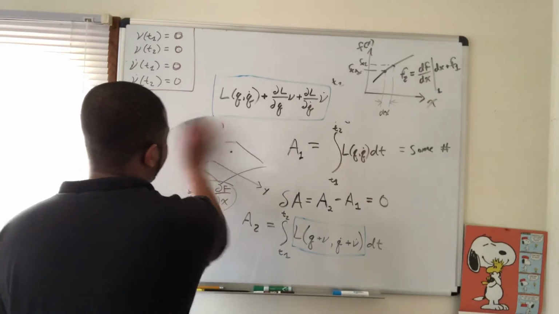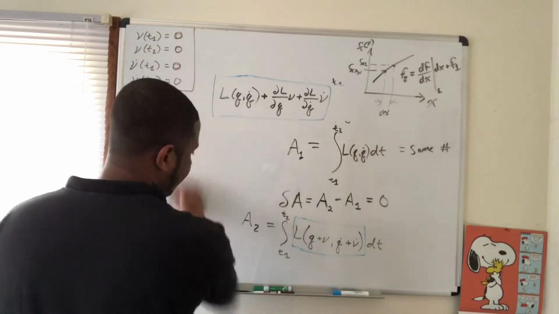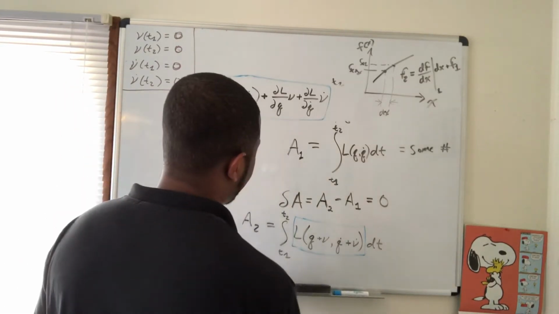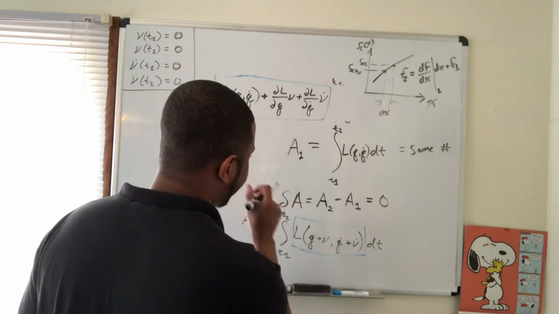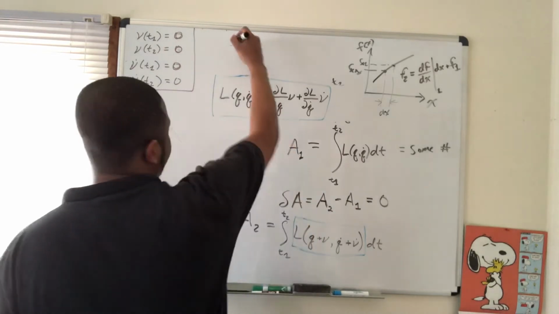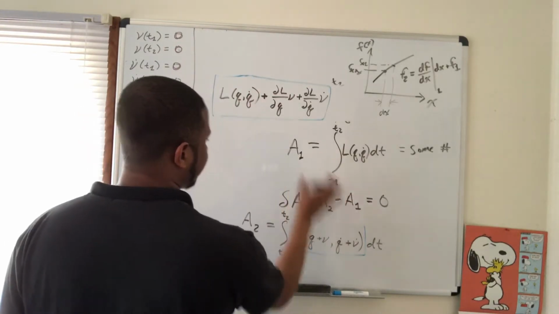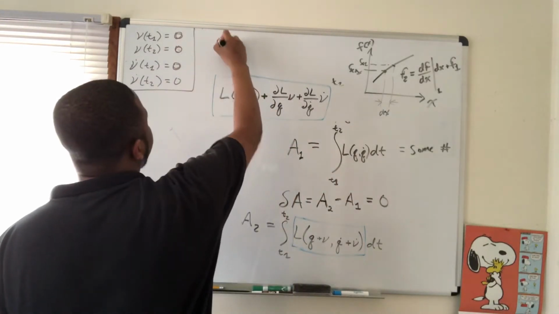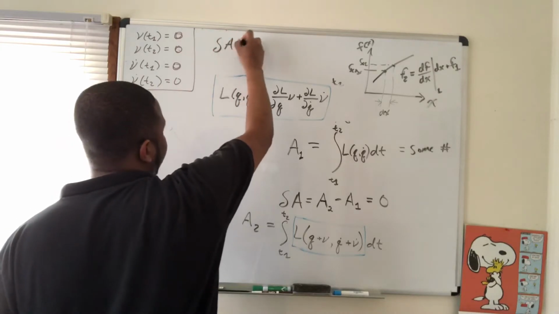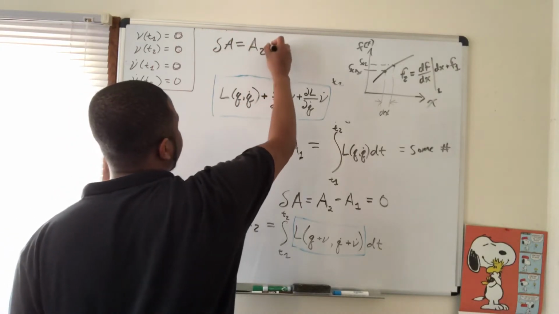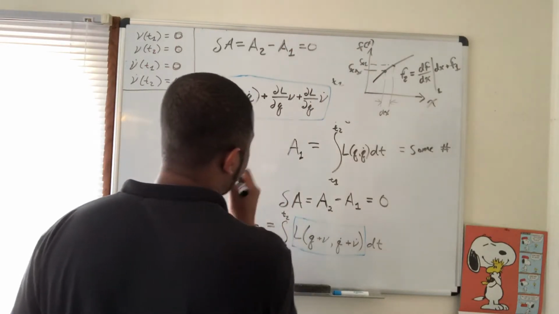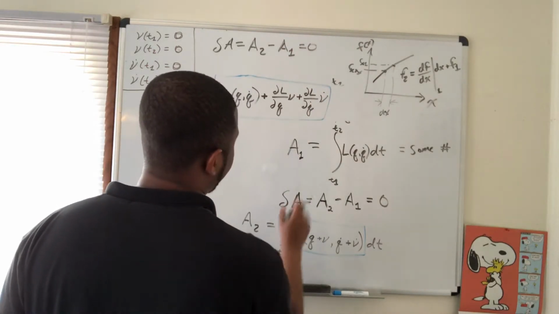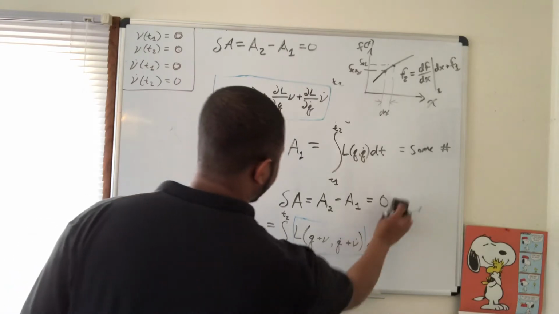So I'll make some room. Certain things I want to keep, so I'm going to move some stuff and erase some stuff. A2 minus A1 equals 0. If we defined A1, I'm going to erase this.